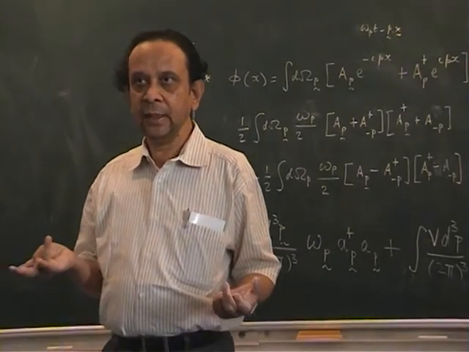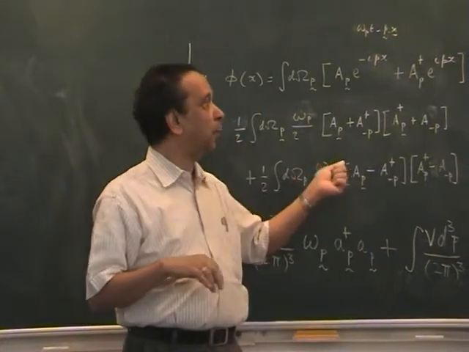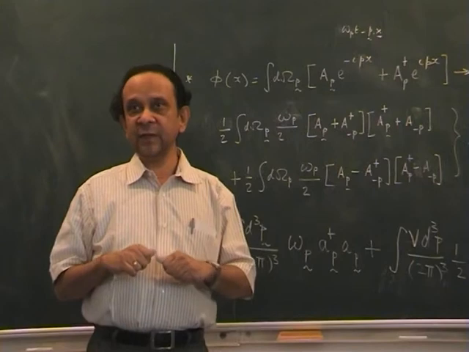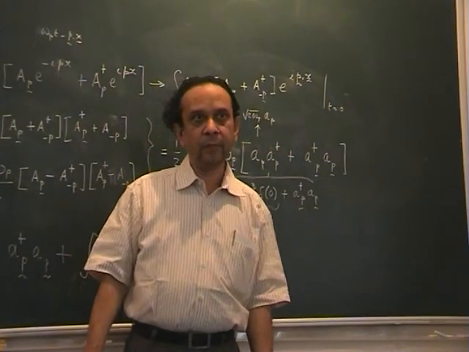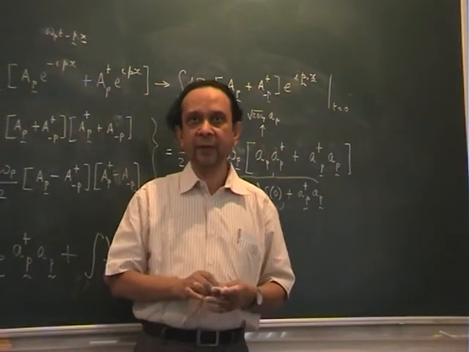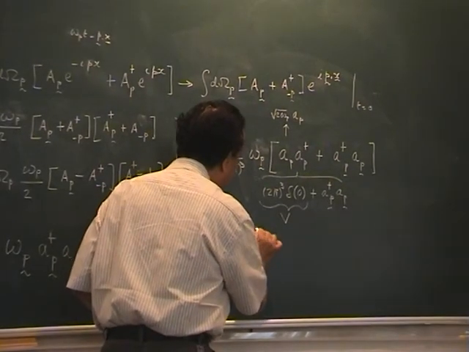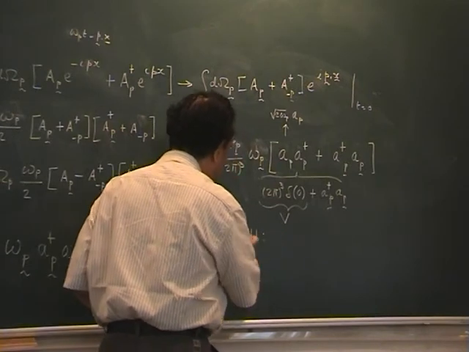Suppose you have any expression, like this expression for the Hamiltonian density. The expression for the Hamiltonian density is given in terms of A's and A daggers. Then if an operator is given, normal ordering is usually denoted by an expression like this with 2 colons on both sides.